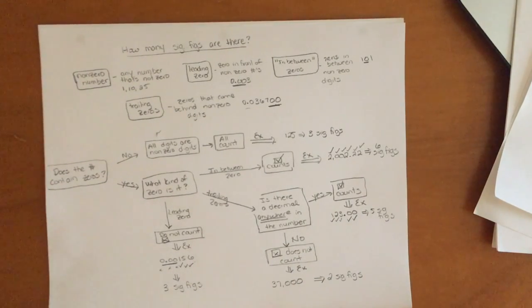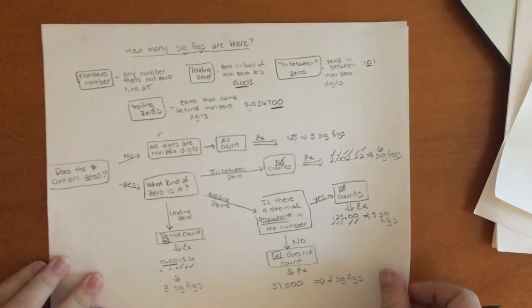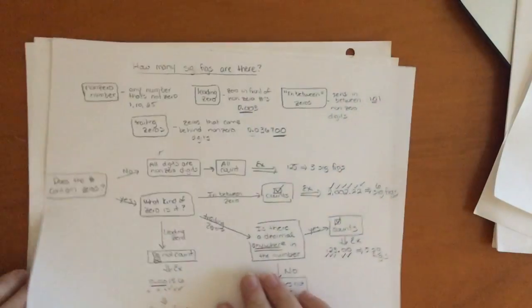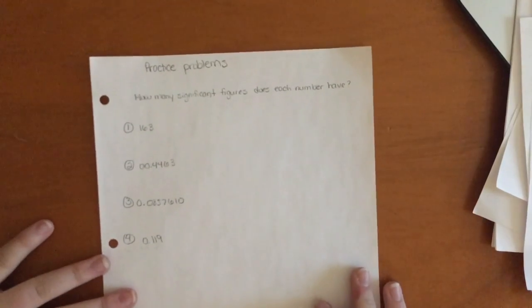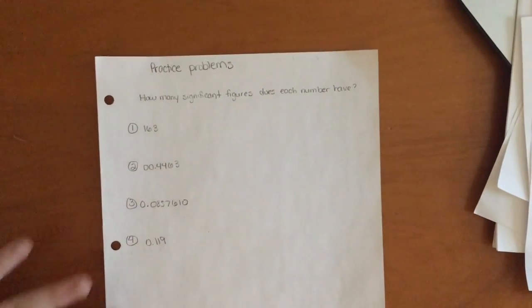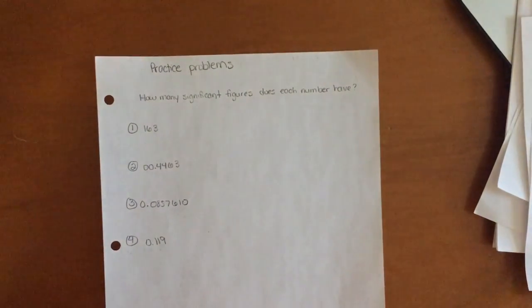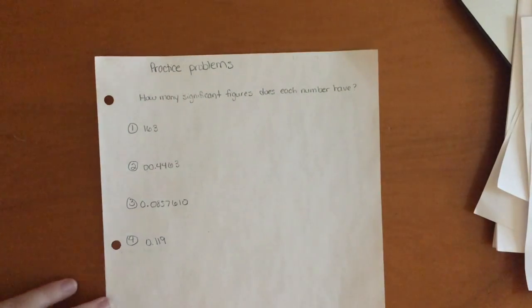And so this is a flow chart to help the decision making when you're sitting down and taking your test, so you don't have your notes in front of you. What's the reasoning I need to go through to solve this problem? So let's do some practice problems really quick. How many significant figures does each number have? 163.